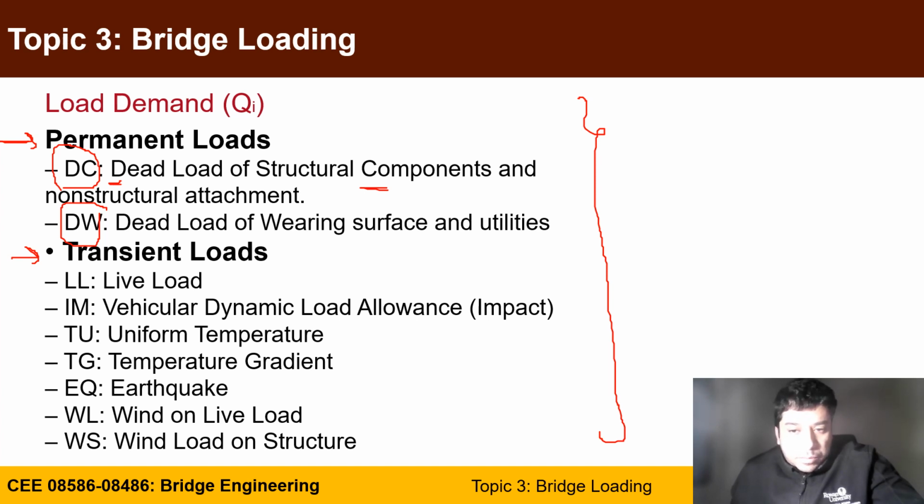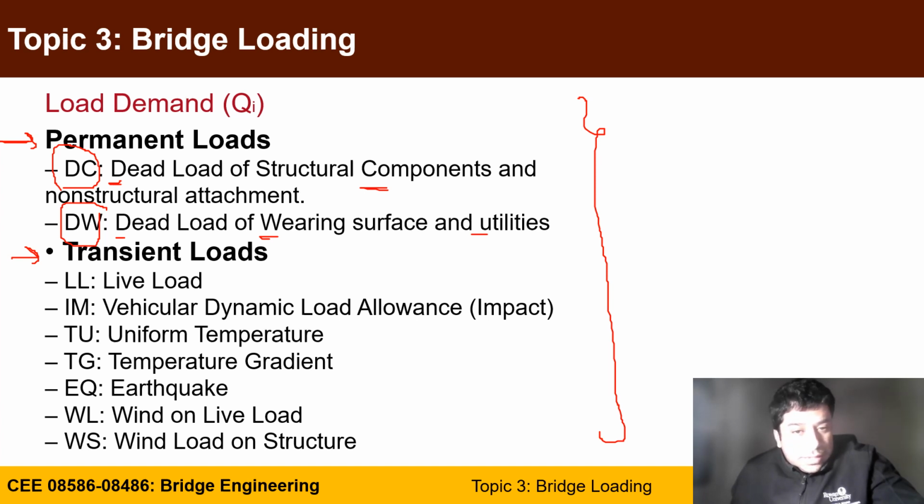That means if you have a bridge deck, the weight of the bridge deck is a weight of structural component. The own weight of the girder is DC because of the weight of structural component. DW is the weight or dead load of wearing surface or utilities, which may be a future overlay or future utility addition.